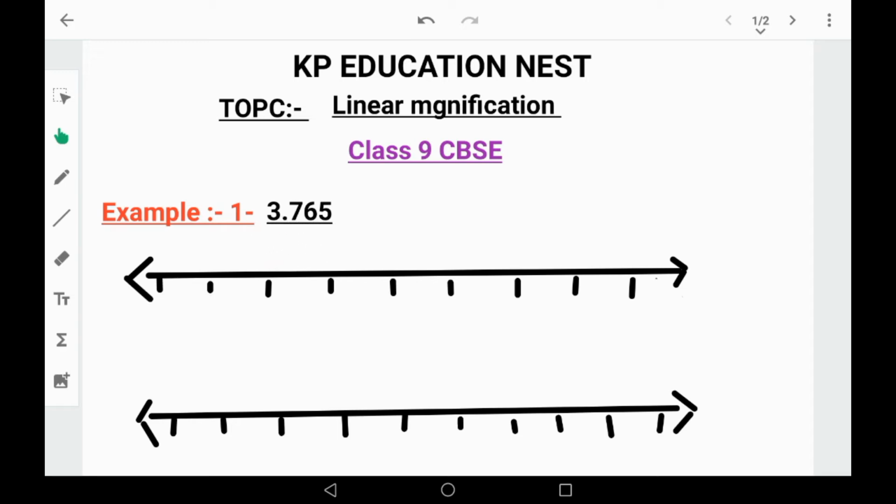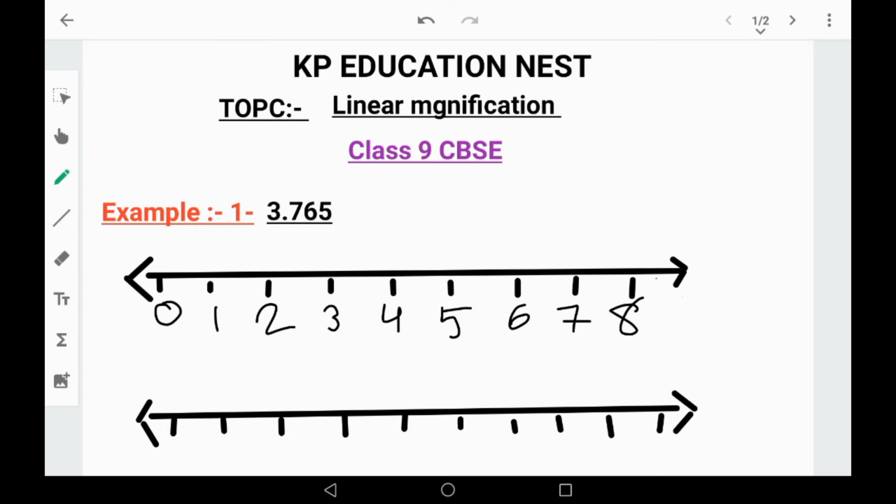In this case I took the example as 3.765. Here I drew a number line in this way and we have to mark the numbers. So I have to take the first digit in my example question, that is 3.